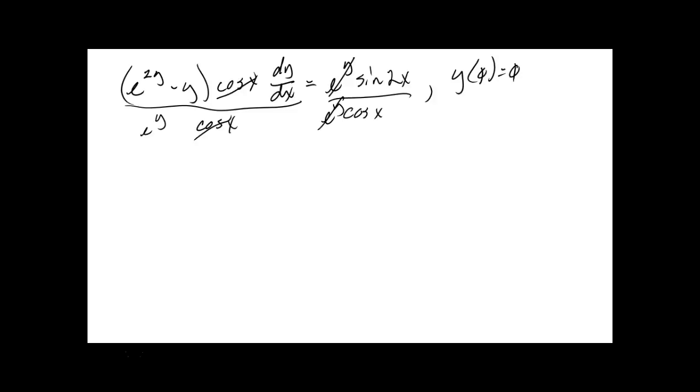And then we write it in differential form, don't we? E to the 2y minus y over e to the y dy. Let me make sure I wrote that in the right place.